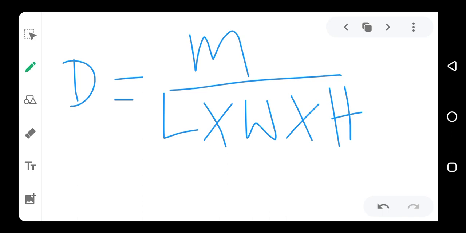It's just showing the length of the same object on different sides of it. So we can use L to represent width and also height.